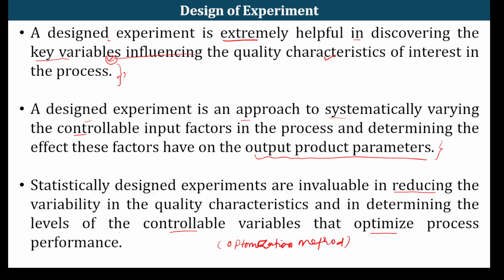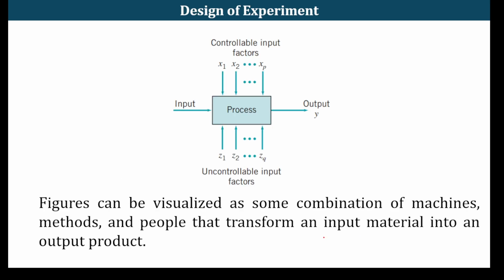We'll check the effectiveness when we increase the temperature or the composition, whether the effectiveness is increasing all the time or not. We can get that once we design the experiment carefully.